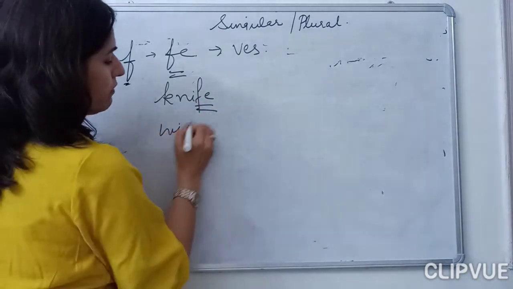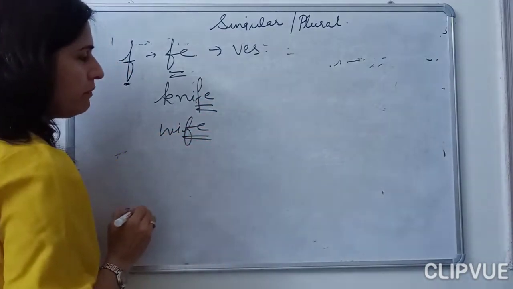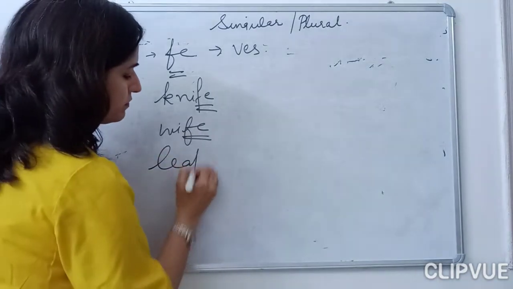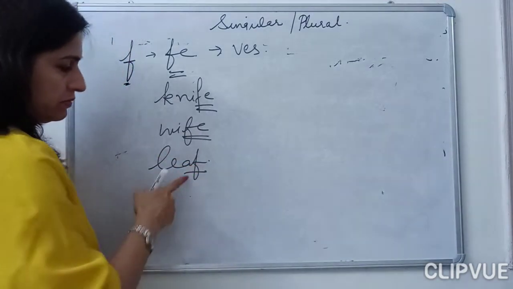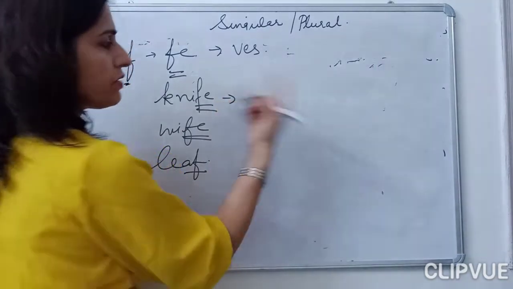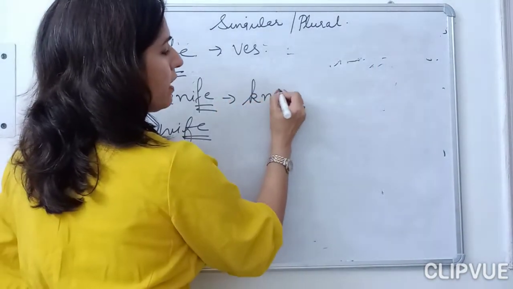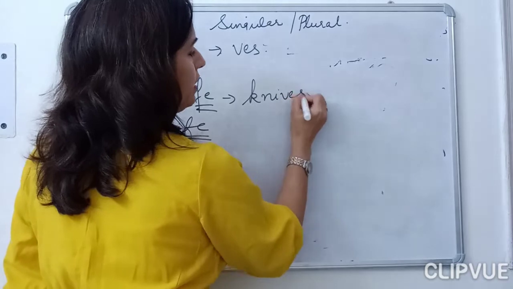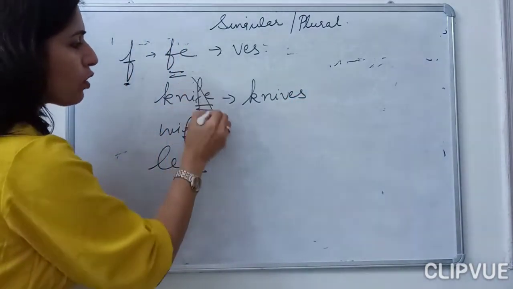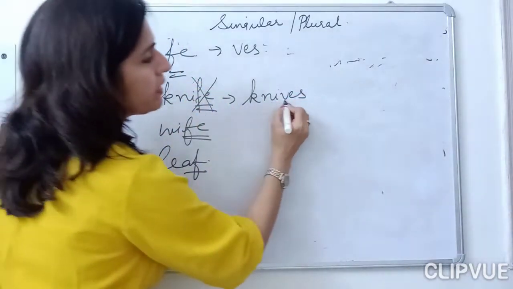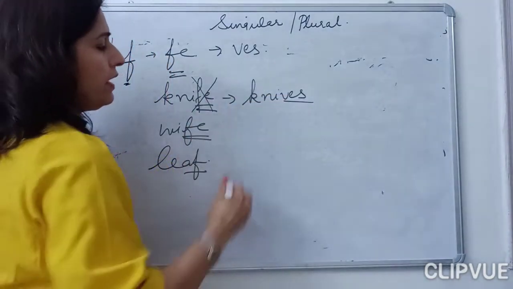Wife, F-E. Leaf, F. So what will be the plural of it? K-N-I-V-E-S. Here I will be dropping this F-E and replacing it with V-E-S.